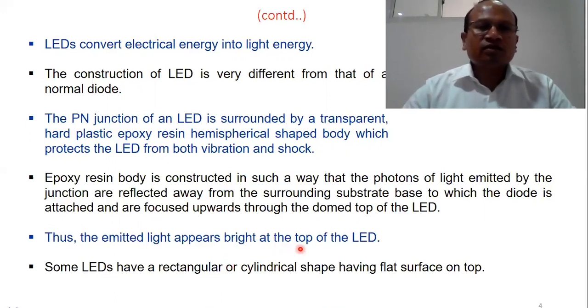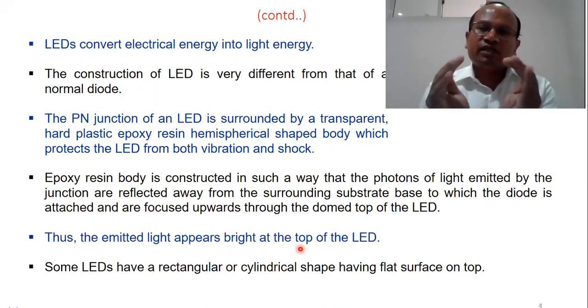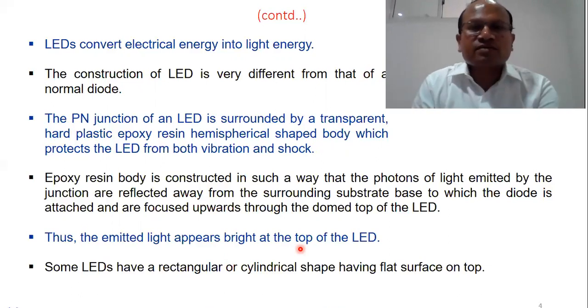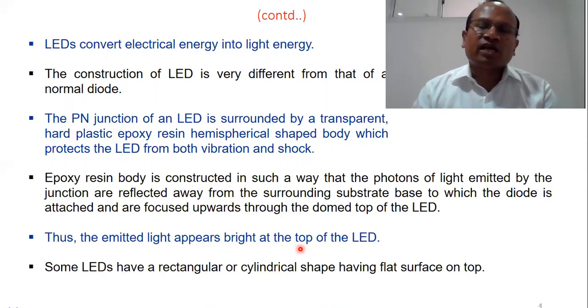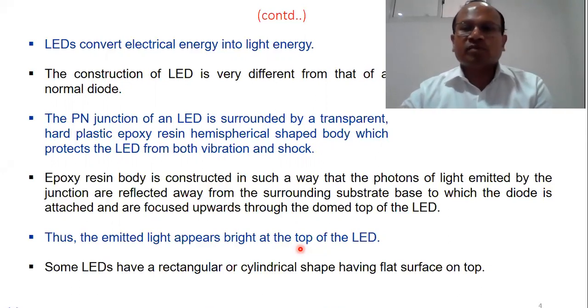They are not always the same shape, but come in rectangular, cylindrical, spherical structures. But all of them will have an almost flat surface on top, so that in a domed shape we can focus the light and a good amount of brightness can be seen from the LED.